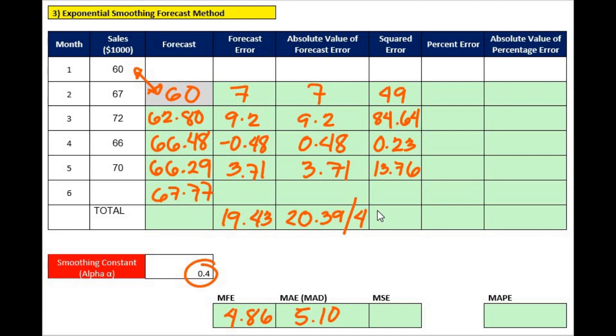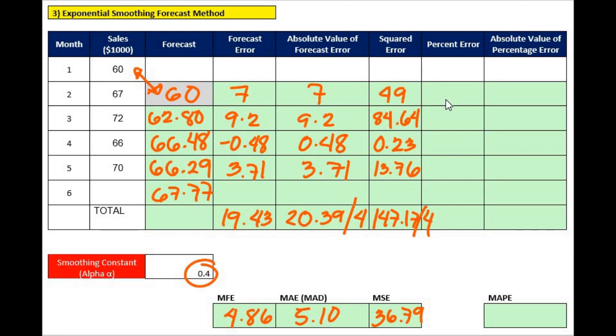We get the sum, that would be 147.17 divided by 4. Our MSE will be 36.79.